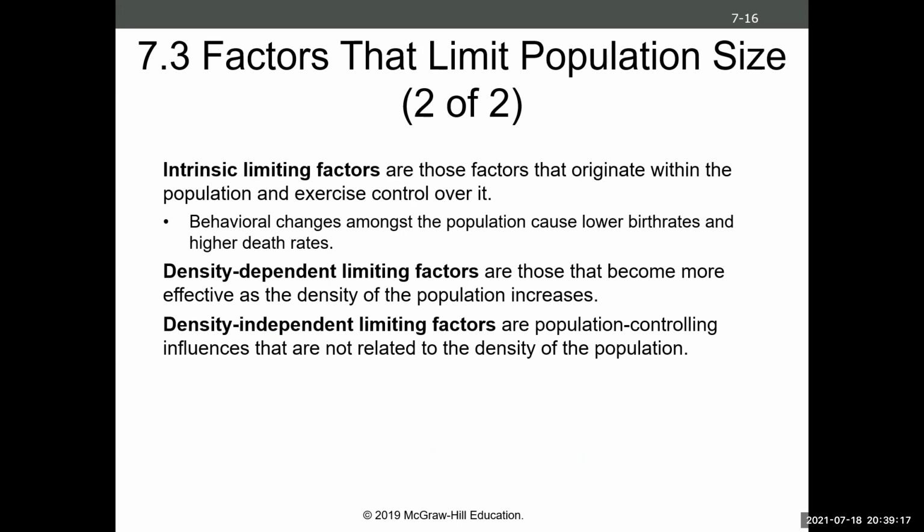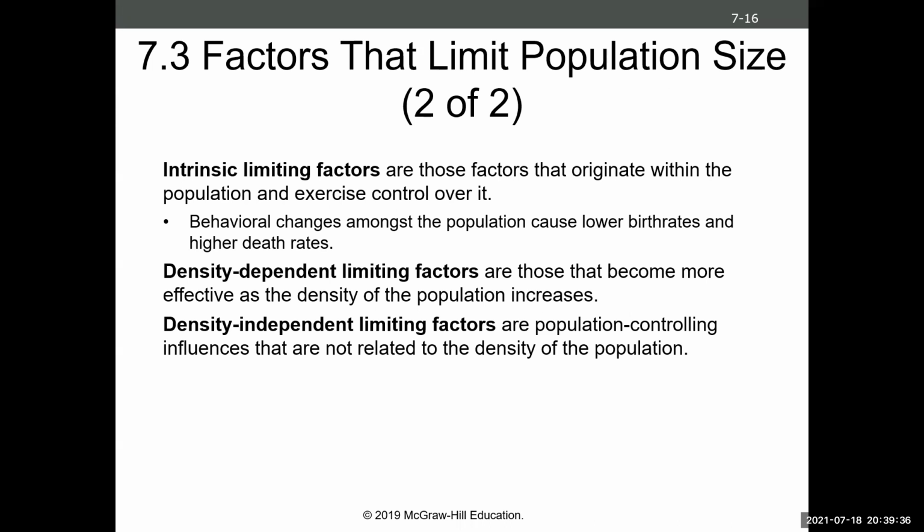So for example, as populations become more and more dense, resources per individual goes down, and then mortality rates increase. Density independent limiting factors would be something like climate dictating the number of populations, right?